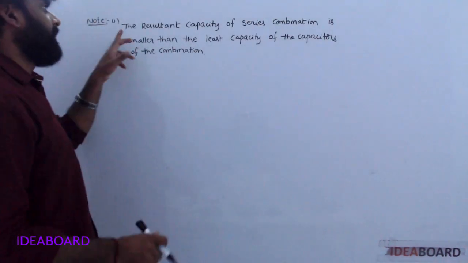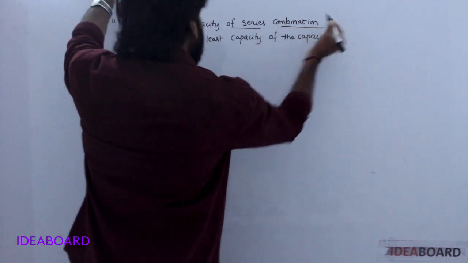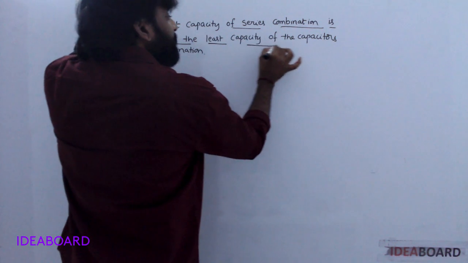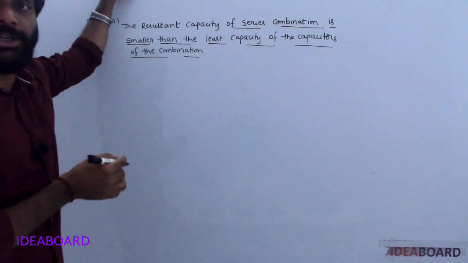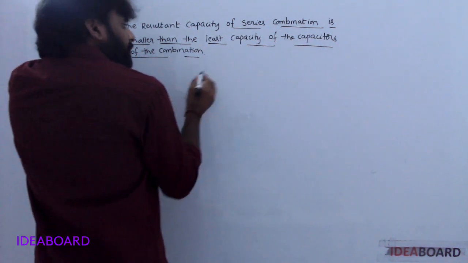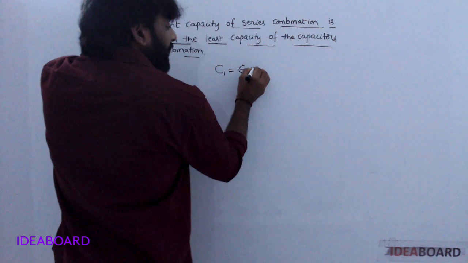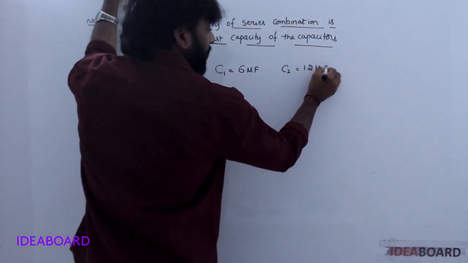See here, one note point. The resultant capacity of series combination is smaller than the least capacity of the capacitors of the combination. Understood? For example, consider C1 is equal to 6 microfarad, C2 is equal to 12 microfarad.